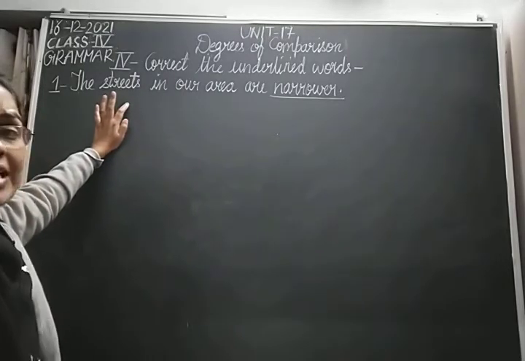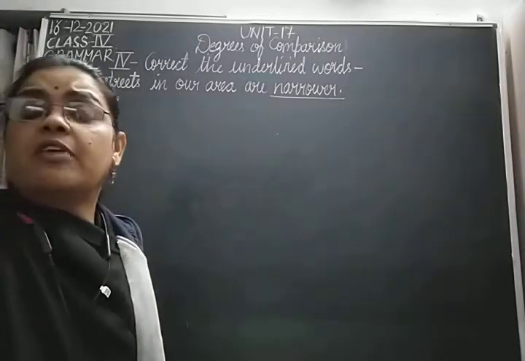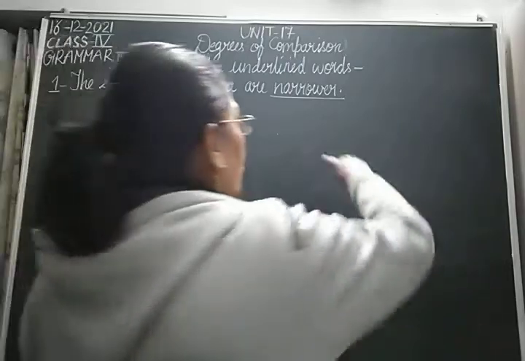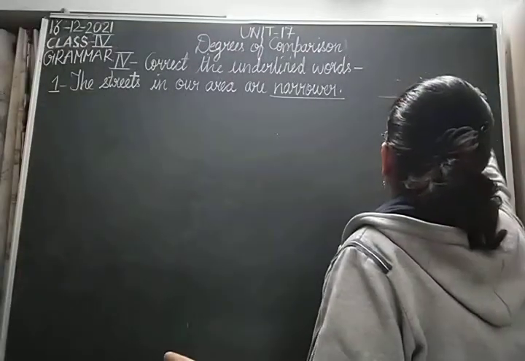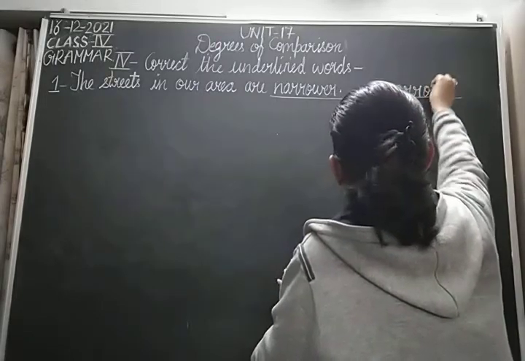So where is the mistake? The mistake is in the comparative degree. In place of the comparative degree, we need to write the positive degree. So the positive degree of narrower is narrow. Now we need to rewrite this sentence with the correct word.